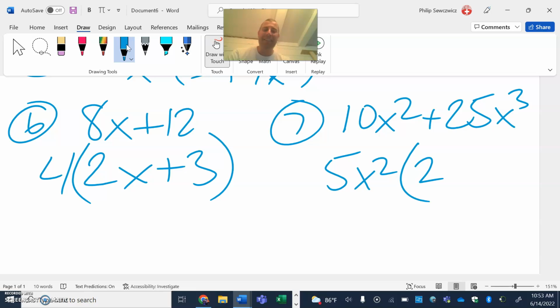Again, I can think of it as a division problem, but that seems to be a lot more work: what's 10 divided by 5? What's x squared divided by x squared? And then what do you multiply by? Well, it's just the 5x. 5 times 5 is my 25. X to the second, I need to get to x to the third, so I need 1 more. So there's my x. And there we go. Nothing with that 2 and that 5x. So that way I know I'm done with them.